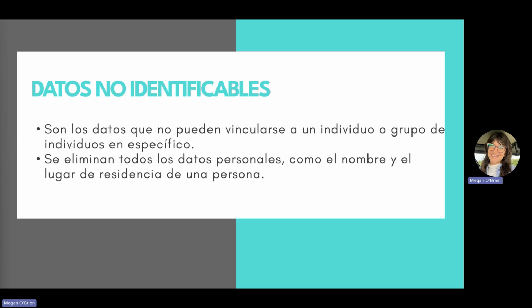With this, I think it's important to clarify what non-identifying information is. Non-identifying information is data that cannot be linked to a specific individual or group of individuals. All personal identifiers, such as a person's name and place of residence, are removed. So when we're talking about sharing non-identifying information, this is what we're talking about.